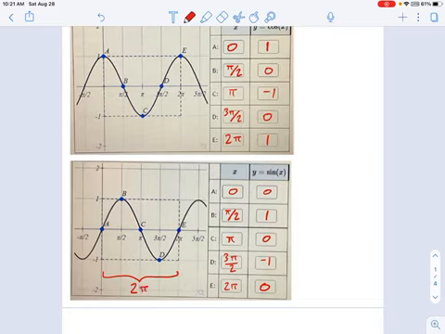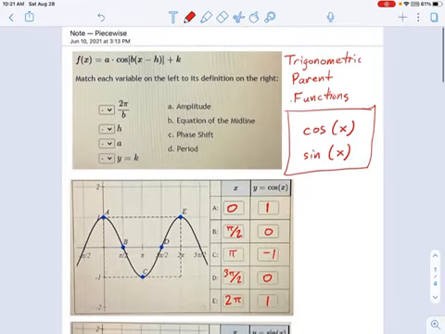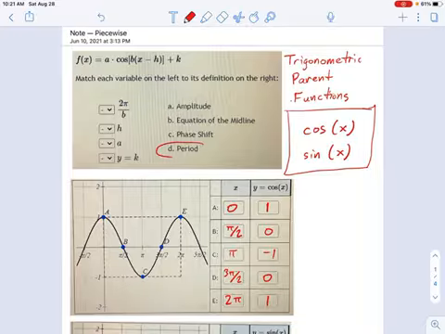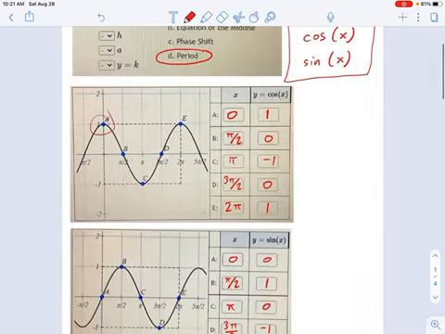That's how far around the unit circle you go before you start repeating yourself. Well, these are periodic functions, and we like to talk about what the period is of each of them. The period refers to how long it takes to go through a complete cycle of this sine wave, this sinusoidal function that either starts at the top for a cosine curve or at the middle for a sine curve.